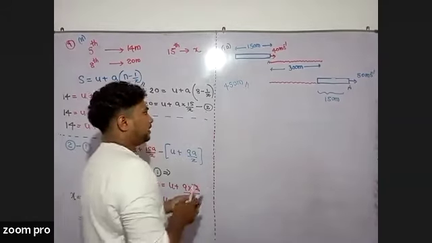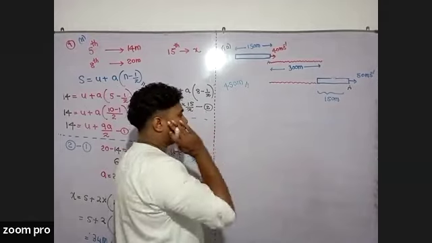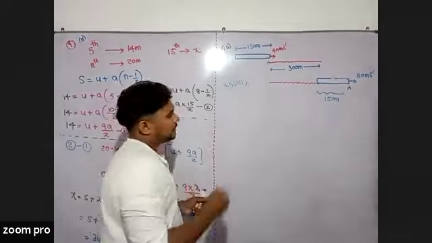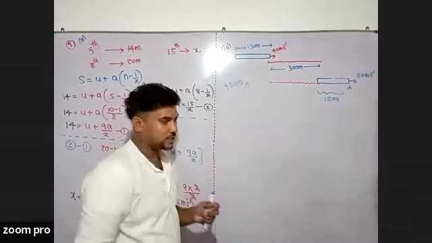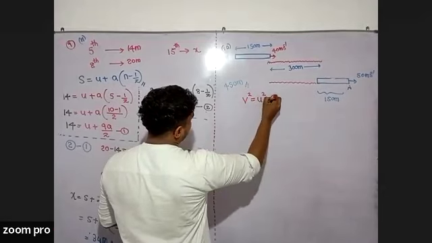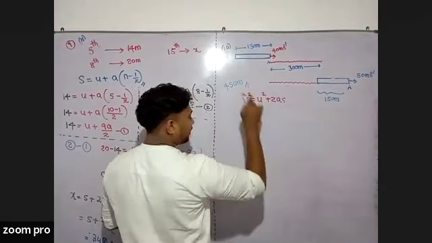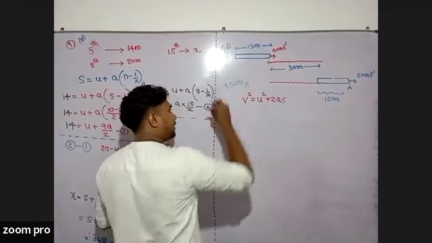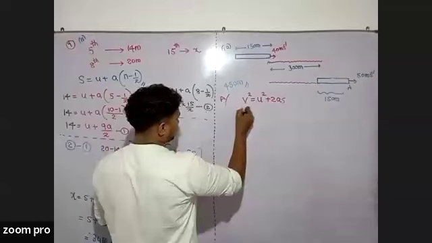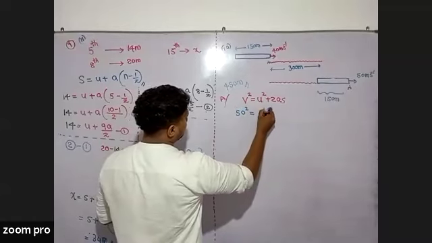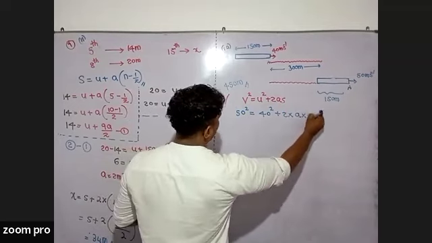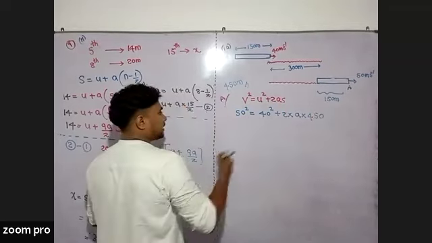Okay. Now let's assume that we have to obtain the value for a, and they have given the initial velocity and the final velocity. So the best equation is v squared equals u squared plus 2ax. Now I apply this equation to point A, right? That means 50 squared equals 40 squared plus 2a times 450.